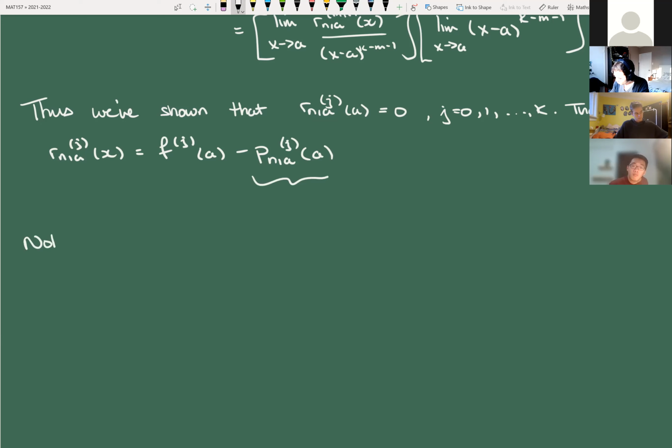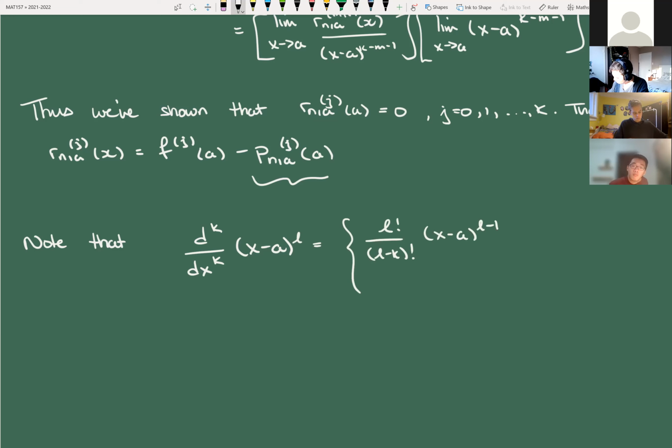So note that d^k/dx^k of (x minus a)^l is equal to l factorial divided by l minus k factorial, for the same reason that we just talked about, if k is less than or equal to l, and 0 if k is greater than l.